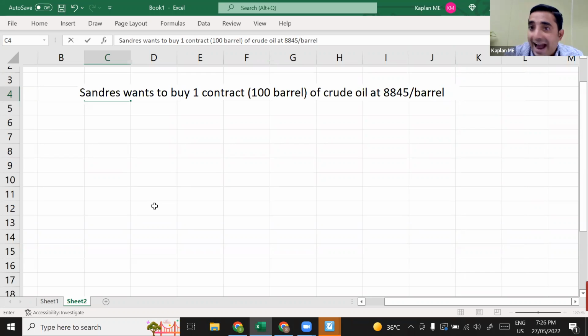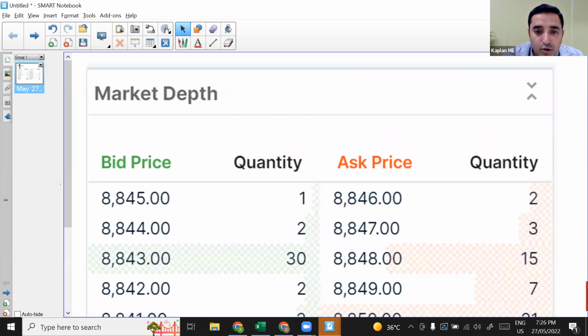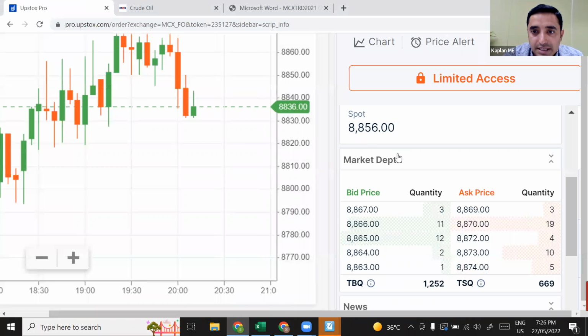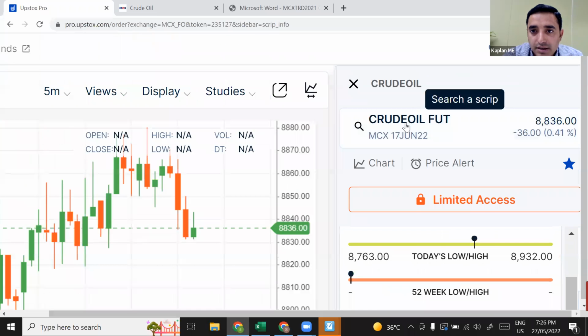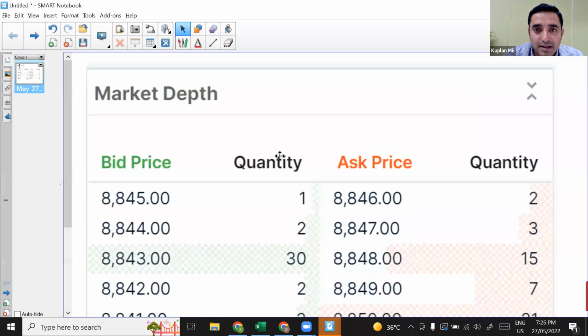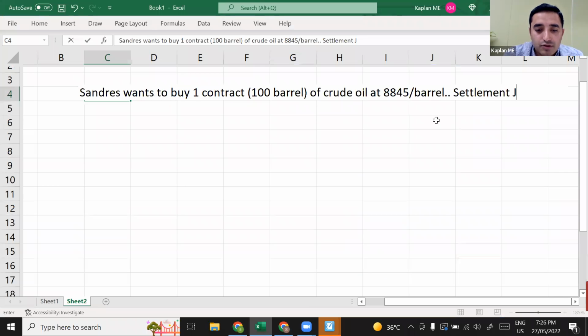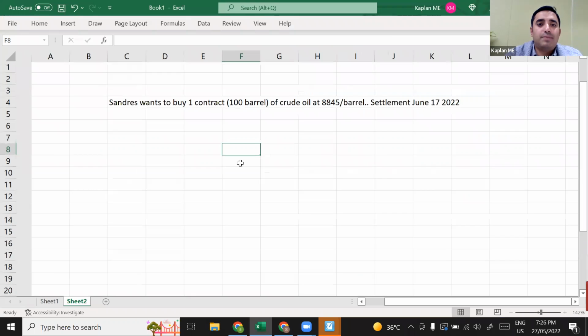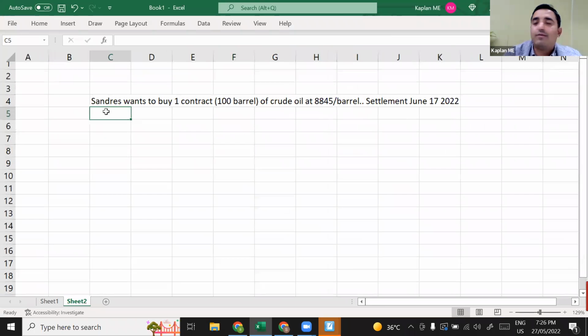Clear? And when is settlement? What contract were we looking at? We were looking at June 17th. So I'll say June 17, 2022. Clear? So this is basically the buyer side.